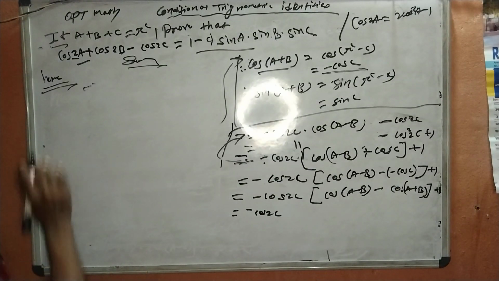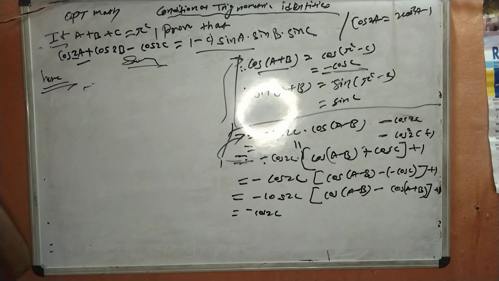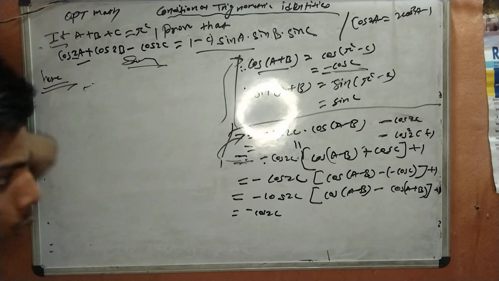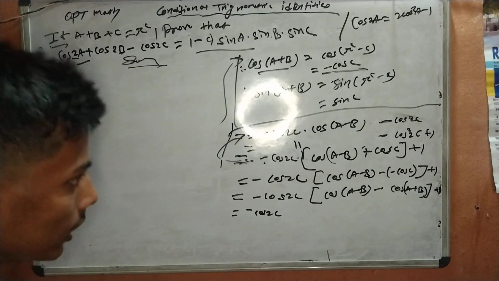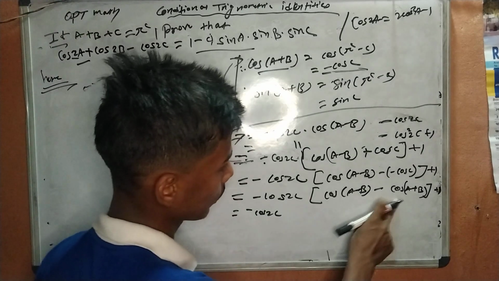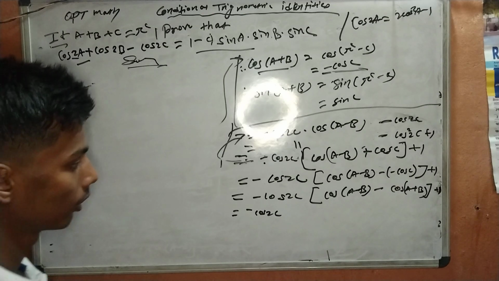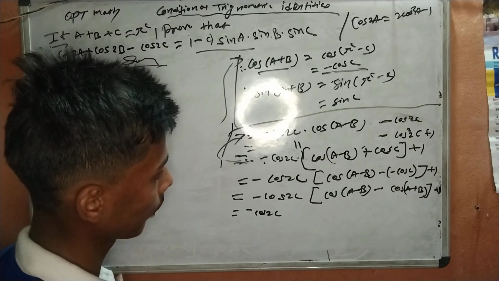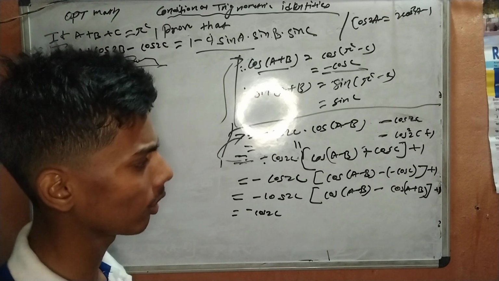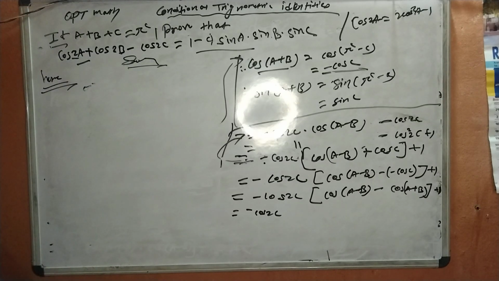So we are going to just prove 2 sin A into sin B. This is the formula of 2 sin A into sin B. So let me check whether it is or not. Cos(A minus B) minus cos(A plus B).